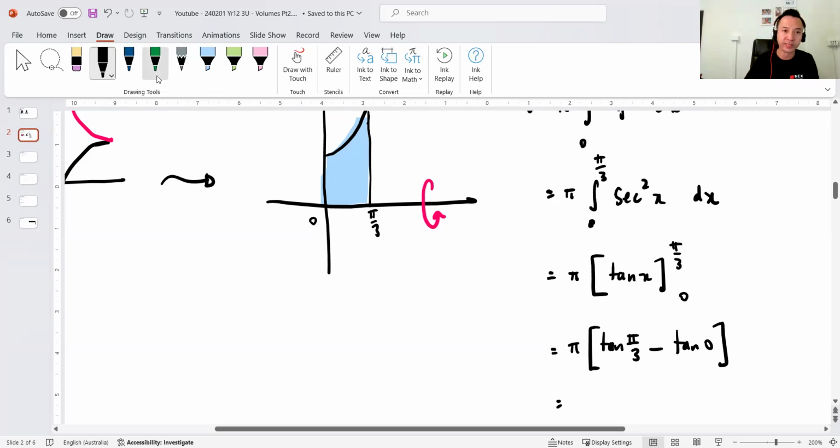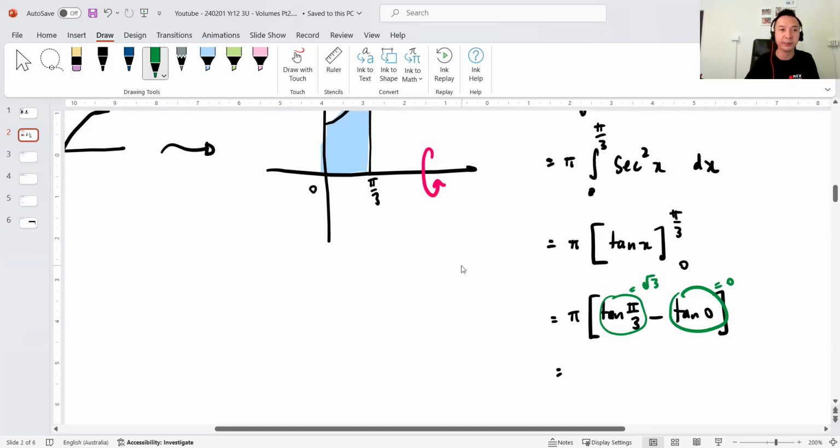Now, we know that tan pi on 3, that's like tan 60, isn't it? That's root 3. And tan 0 is 0. So the answer, quite simply, is root 3 pi, and because it's volume, units cubed.